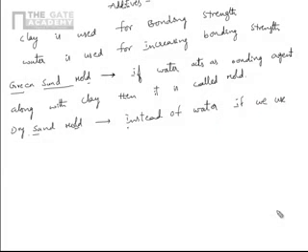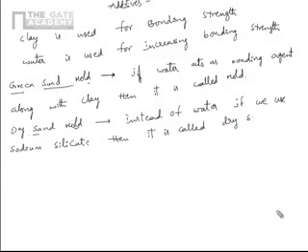Instead of water, if we use sodium silicate, then it is called a dry sand mold. So this is a major difference between dry sand molds and green sand molds.